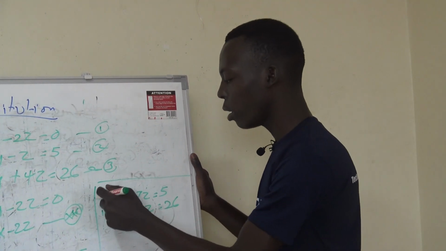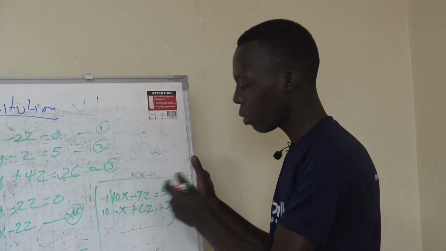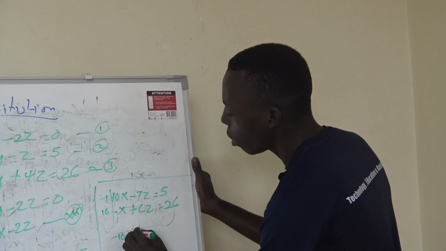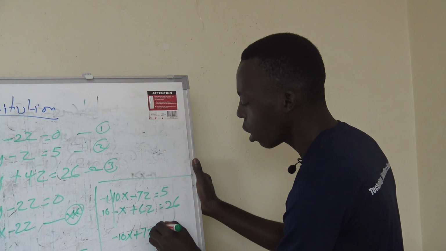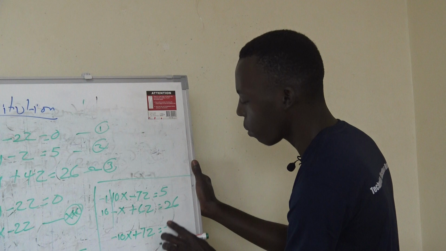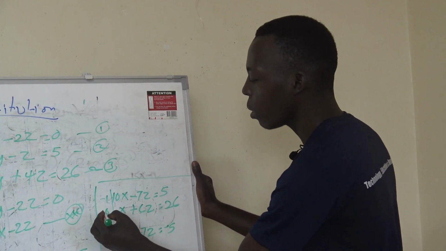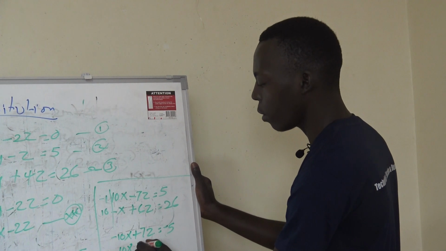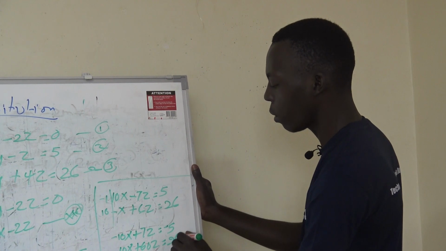So for the first equation, multiplying by -1 all throughout, we have -10x plus 7z equals -5. For the second one, this time it becomes -10x plus 60z equals 260.